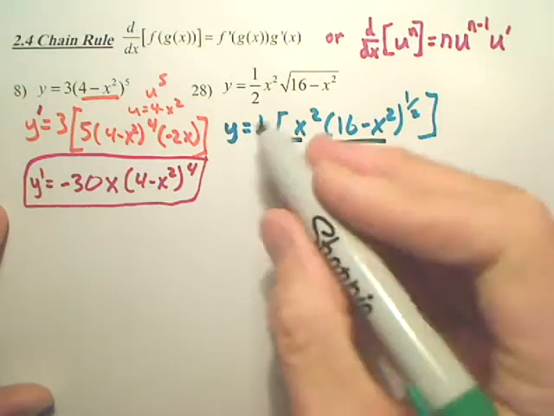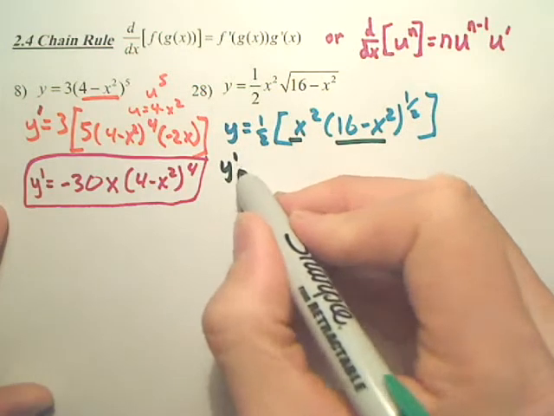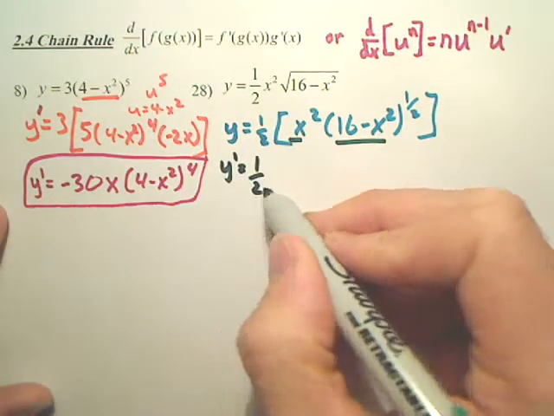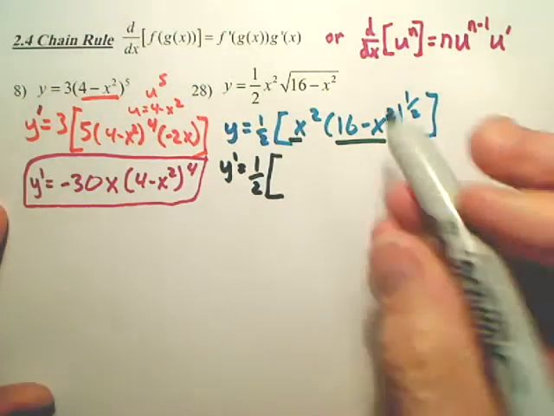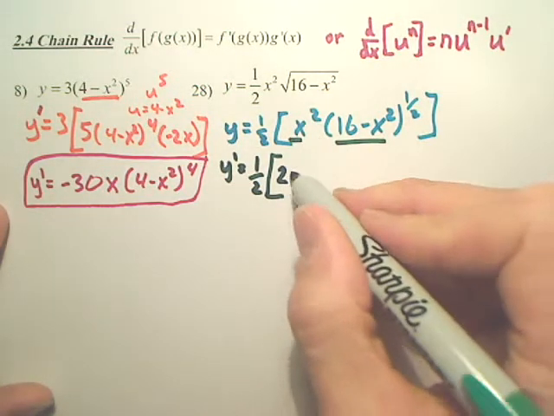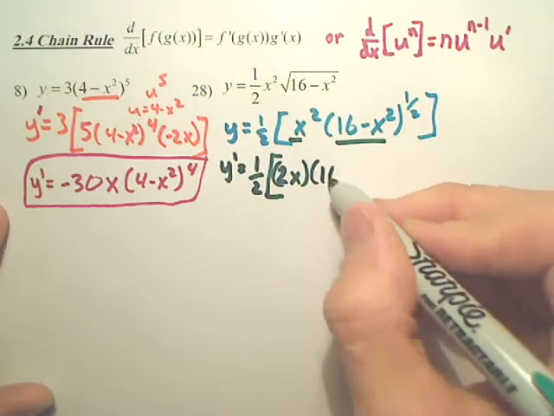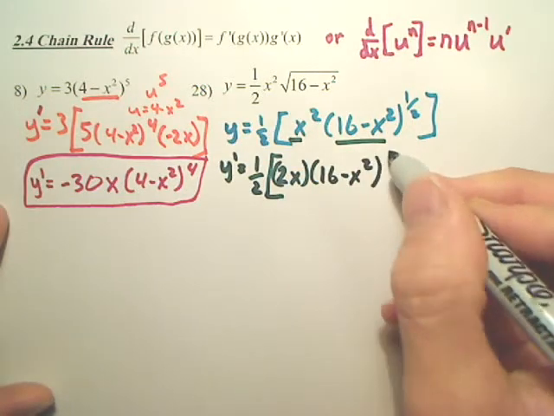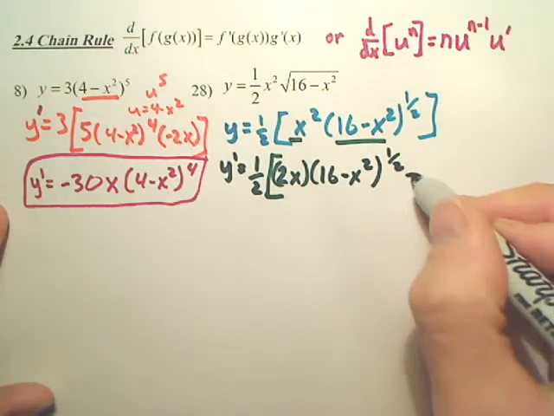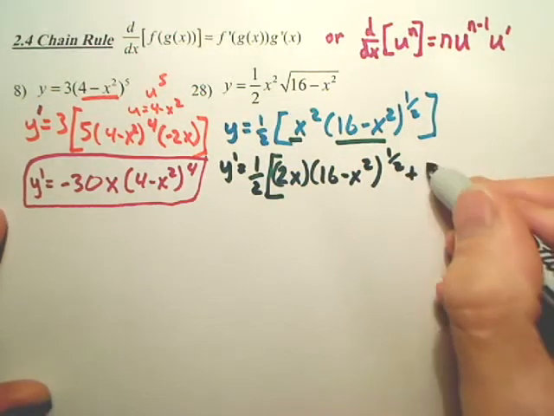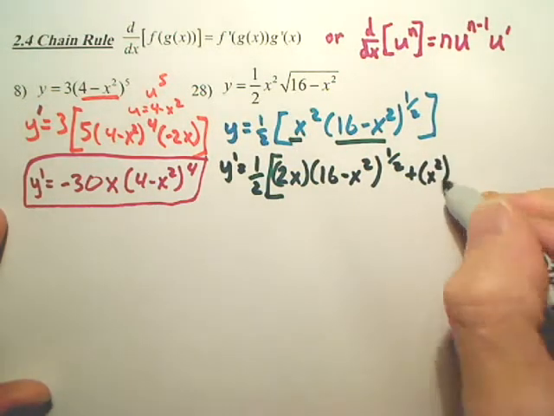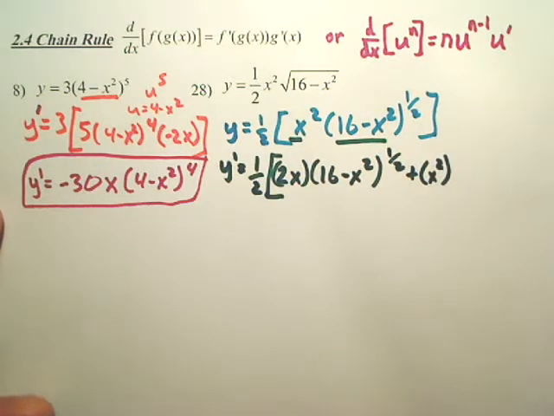Okay. So, y prime is going to be 1/2. And for product rule, we derive the first, so that's 2x. Leave the second piece. Plus, leave the first piece. And now to derive the second piece, do you see a chain rule?